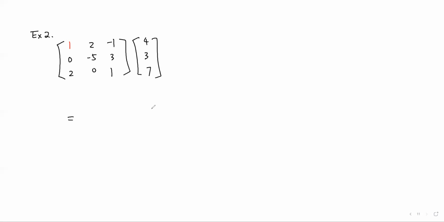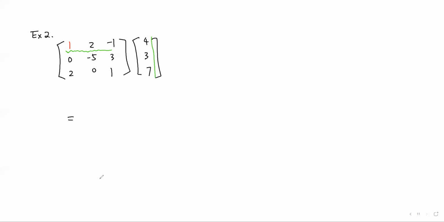The first entry of the vector, by the new formula, is row 1 times the vector.